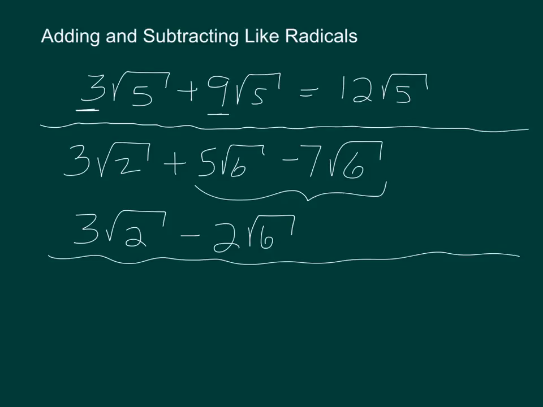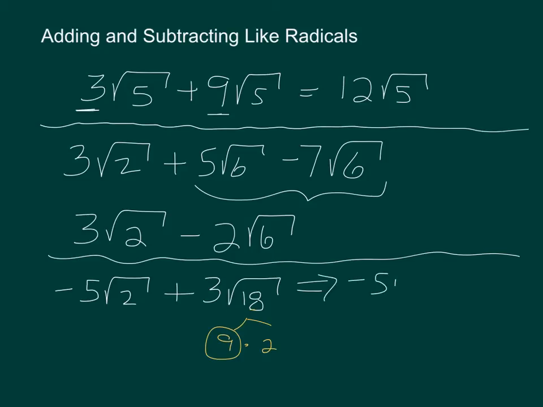If I have, for example, minus 5 radical 2 plus 3 radical 18, they really don't appear to be like radicals. However, 18 is 9 times 2, and 9 is a perfect square. So we're going to rewrite this as minus 5 radical 2 plus, I'm going to take my 3 out of the radical, and I'm going to multiply it by that 3 outside.